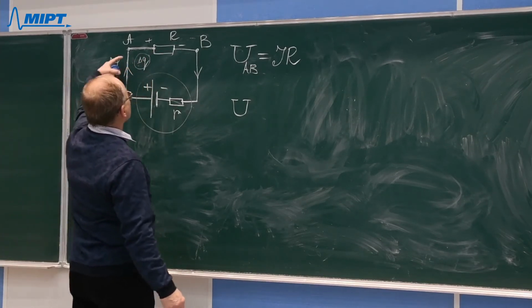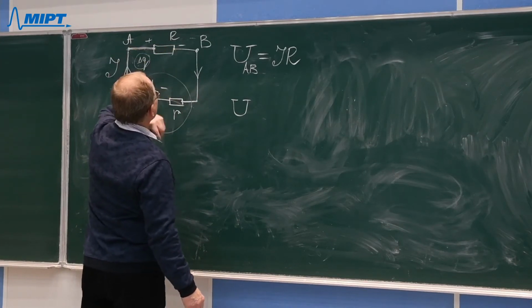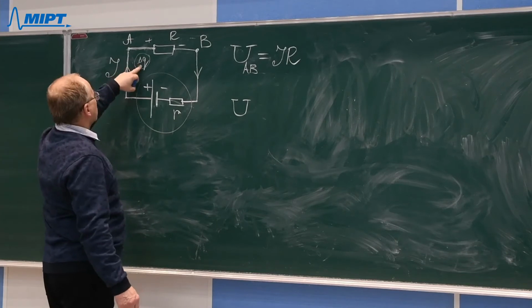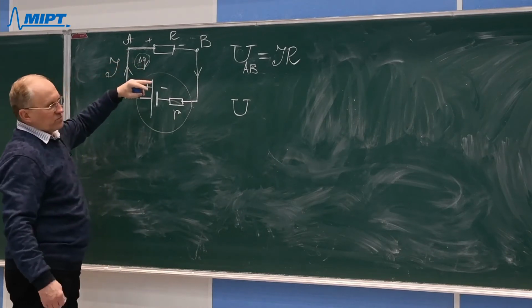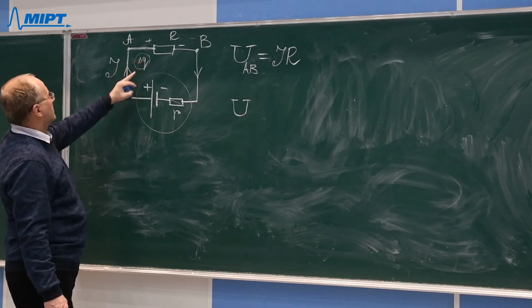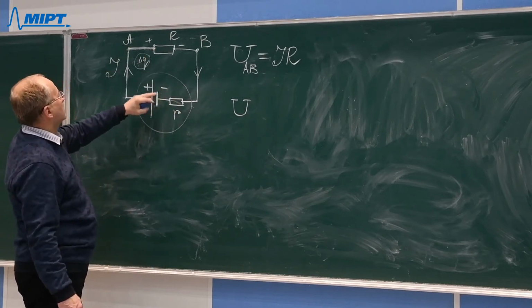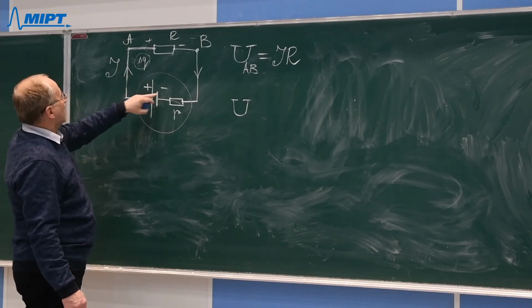The electric field will produce some work when this charge goes through the resistor, because the charge is normally chosen as a small positive charge, and the electric field flows from the positive to the negative contact of the battery.